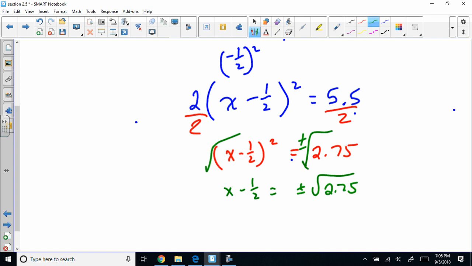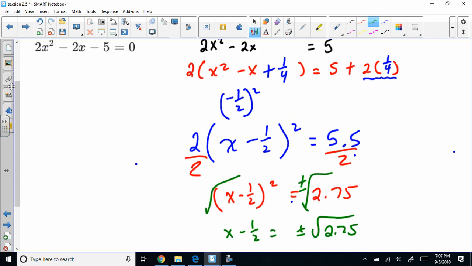So where'd you get x minus 1/2 squared? The perfect square trinomial is, see, I took half of this. This is going to be your number there because, what's the square root of 1/4? 1/2. That's right.